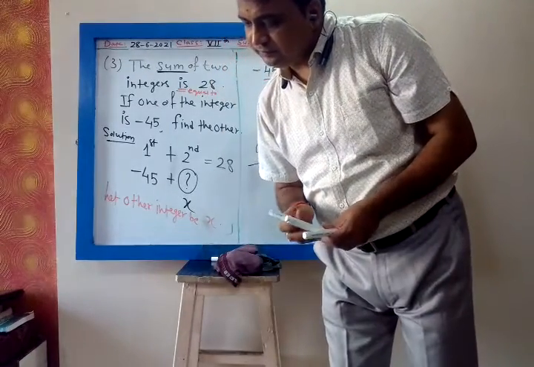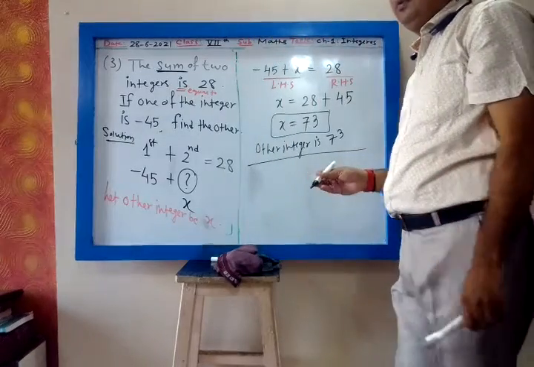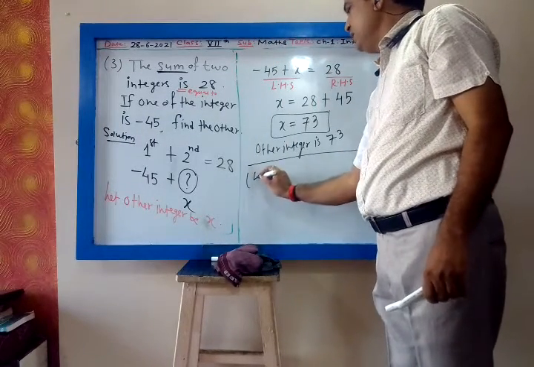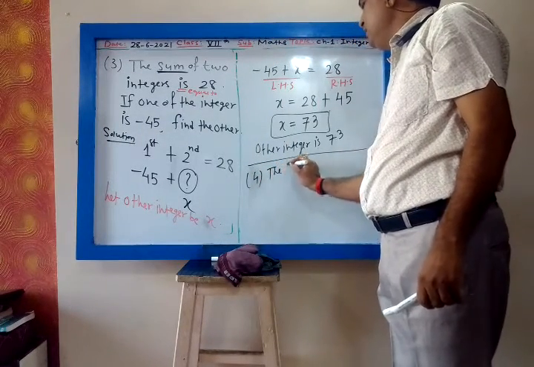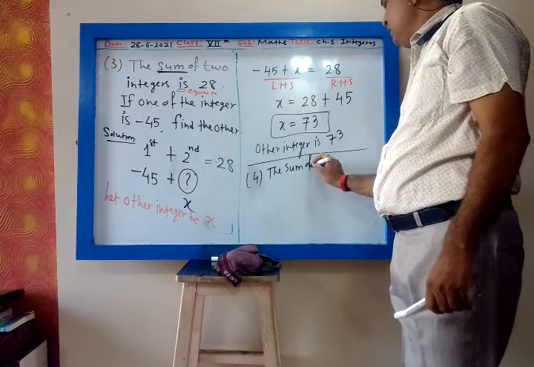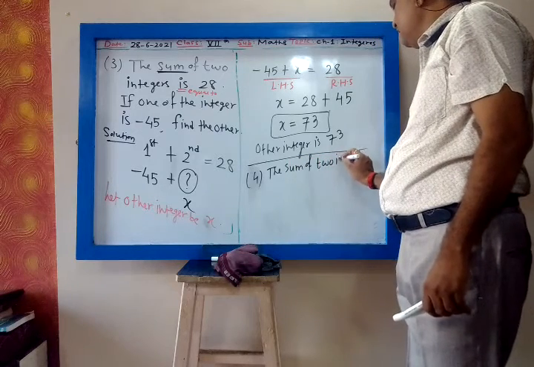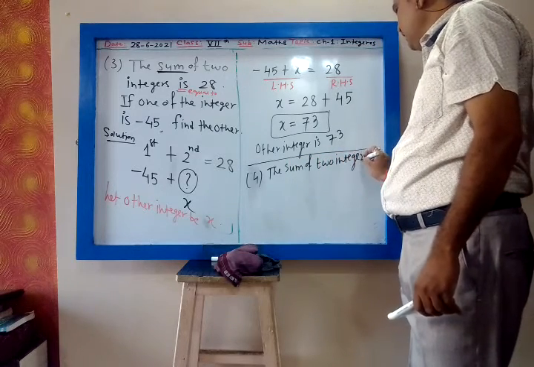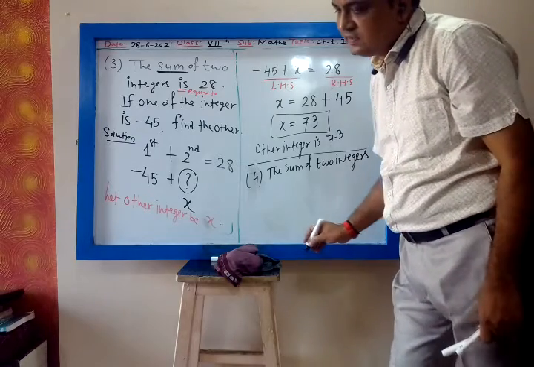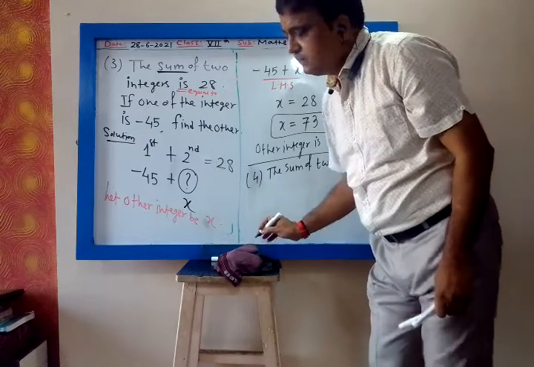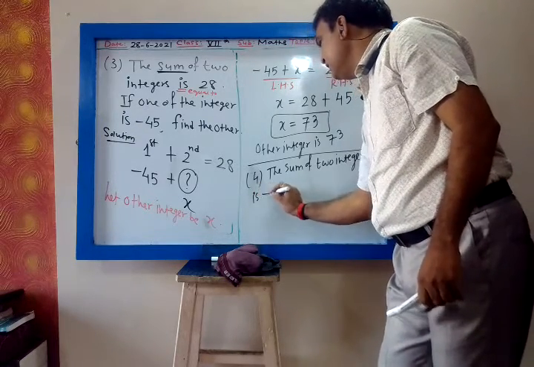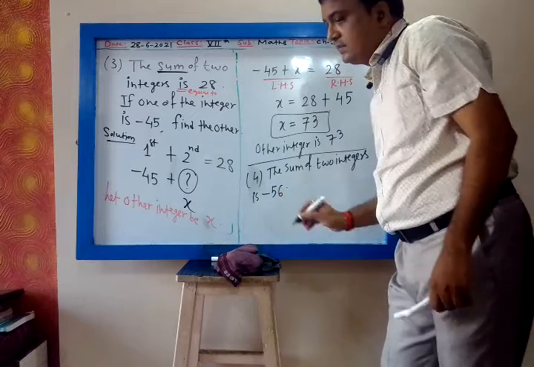Then the fourth question. The sum of two integers is minus 56.